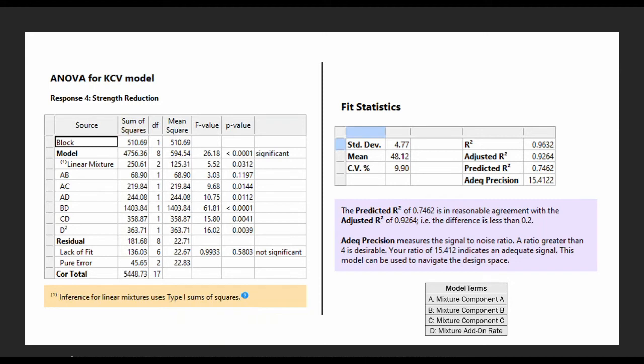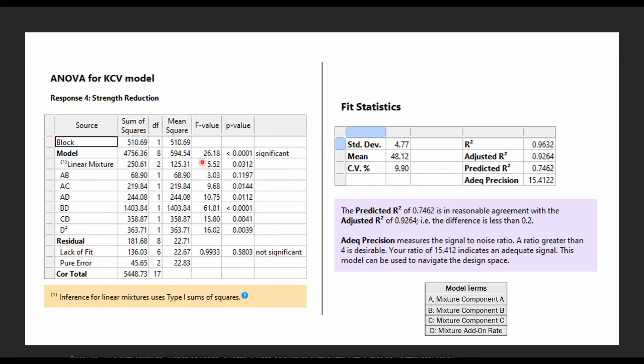Now we get to dive into the actual models themselves. So this is an ANOVA for the KCV model for strength reduction. A couple of things that I look for when looking at an ANOVA table and the fit statistics. If you've been through a Stat-Ease training, they train you on how to look for these things. But just to refresh ourselves, first thing I look for is that model p-value.